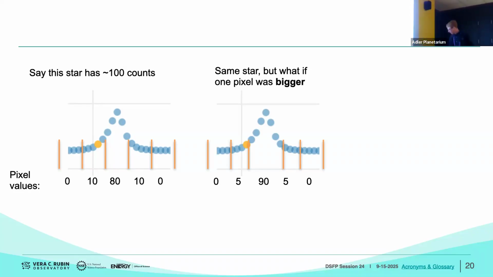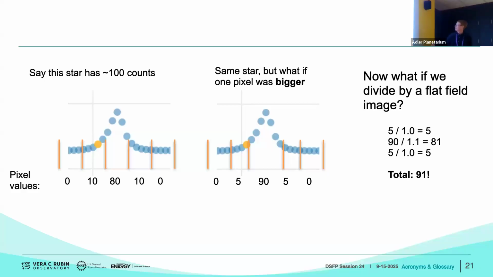But the flat field tells me, sorry, just to do some quick math here, the flat field tells me that I want to divide by a number greater than 1. The flat field would say, this pixel is too sensitive. Its counts are over-representing what should actually be measured here. And so when I do the division, it's going to correct this in the wrong direction.